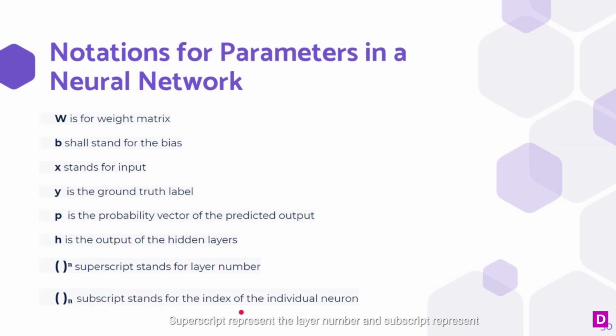Superscript represents the layer number and subscript represents the index of the individual neuron. So in the next session, we will look in detail at the representation of these parameters, taking an example of a neural network.